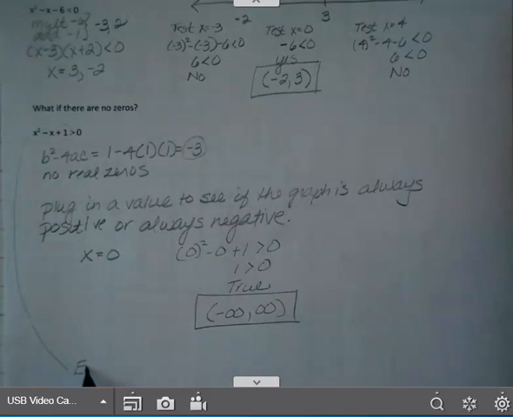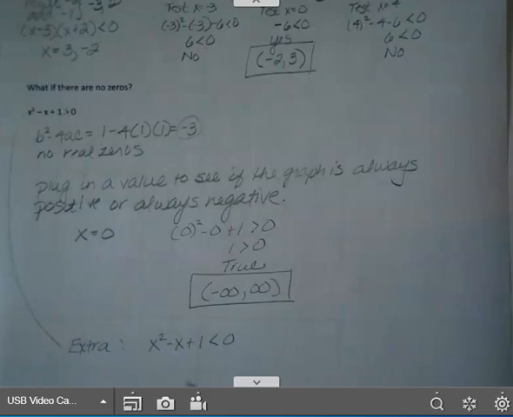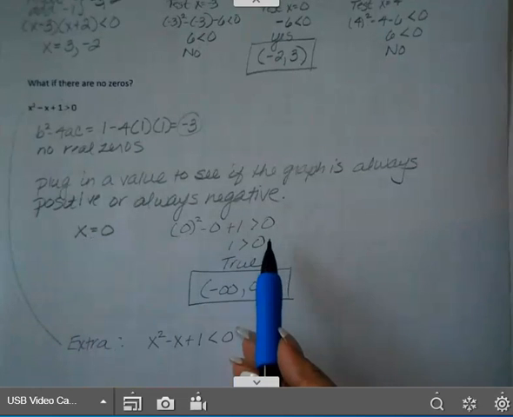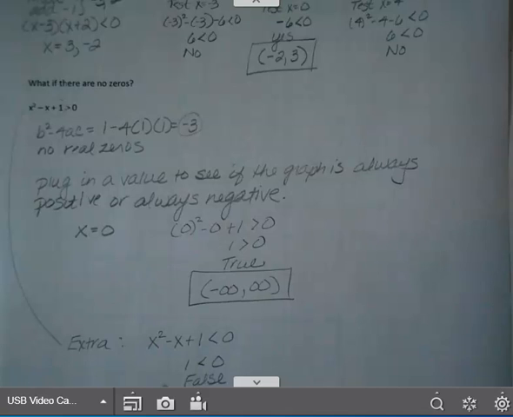So this is extra: if I had had x squared minus x plus 1 is less than 0, when you plug in x equals 0, you'd end up with 1 is less than 0, which is false. So it's never going to be negative. So if I had it less than 0, that's never going to happen. So in that case, there would be no solution.